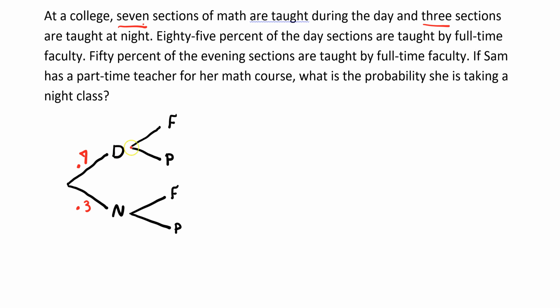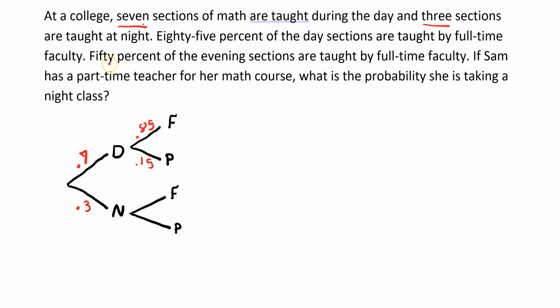So the day sections, full-time faculty, 0.85. We know that this combination of branches should add up to a probability of 1. So I need this lower branch to be 0.15. 0.85 plus 0.15 is 1.